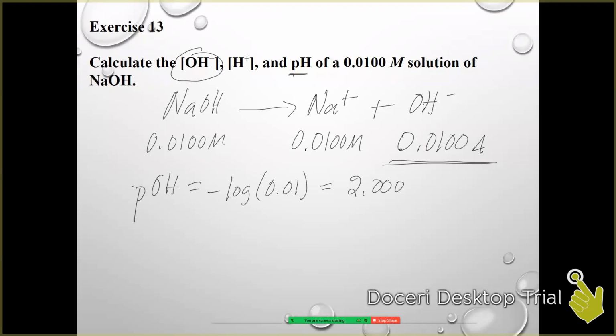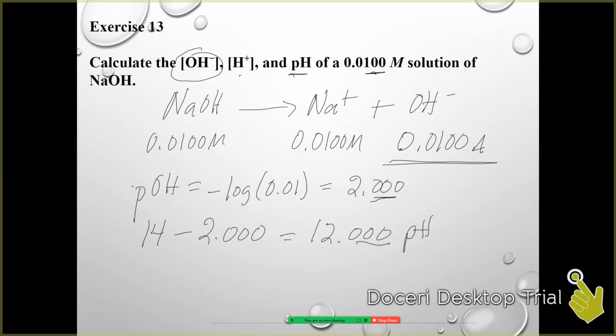If that's 2.000, then my pH is going to be 14 minus that, 12.000. So that is my pH. And remember, this was 3 sig figs, so that's why I'm keeping 3 places.